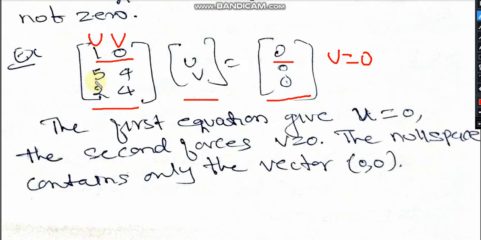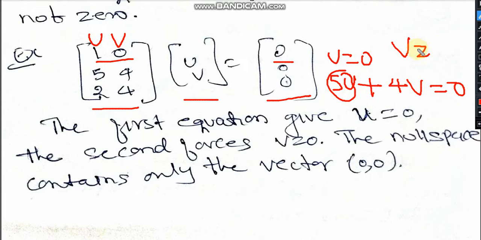And from the second, I will get 5u plus 4v equals 0. So already you have got u equals 0. If I substitute, this becomes 0. So from this, v is equal to 0.